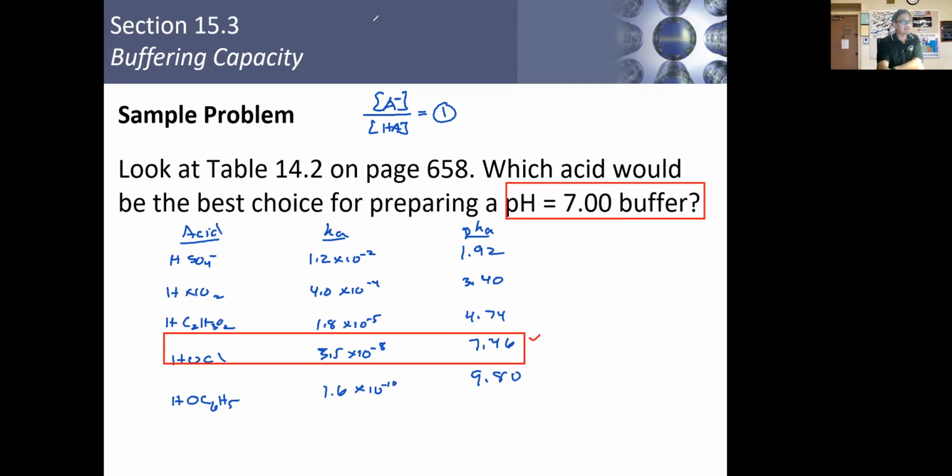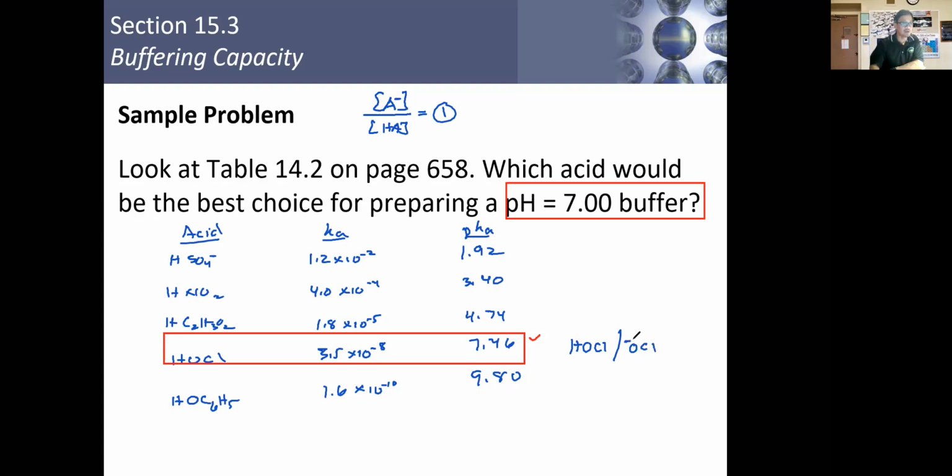If we mix the acid together, we're going to make this particular buffer solution. We're going to take hypochlorous acid, HOCl, and combine it with its conjugate base, the hypochlorite anion.